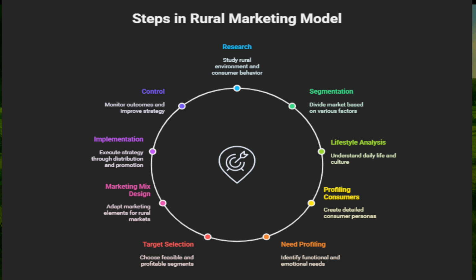The typical steps in the rural marketing model include research, segmentation, lifestyle analysis, profiling of rural consumers, need profiling, target market selection, designing or modifying the marketing mix, implementation, and finally the control. Today, we will focus on understanding all these steps of this model.